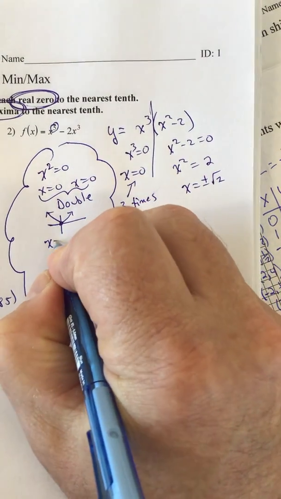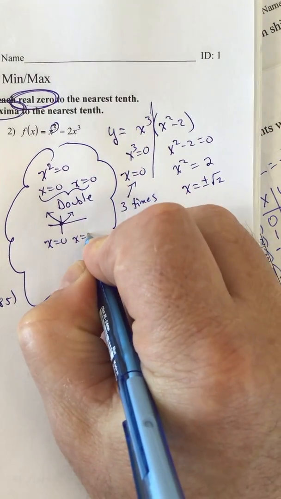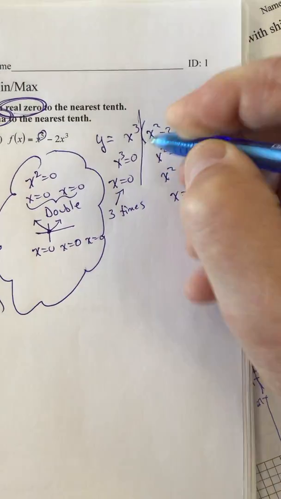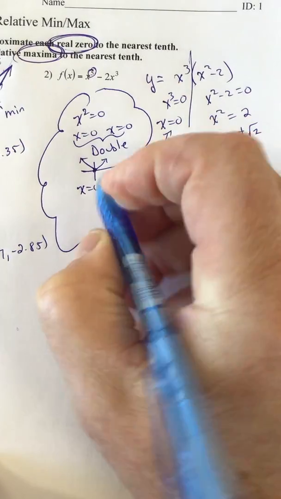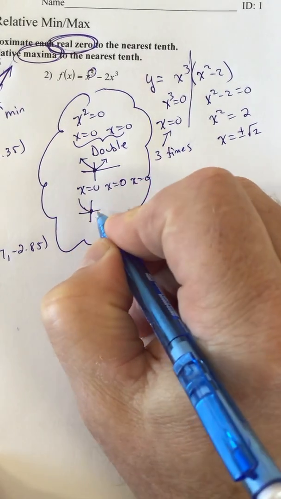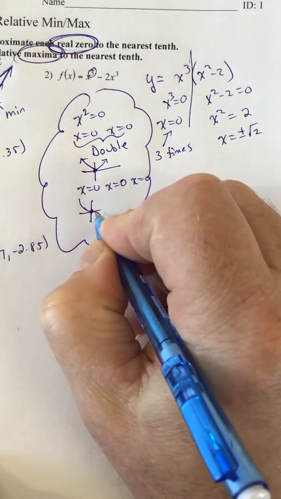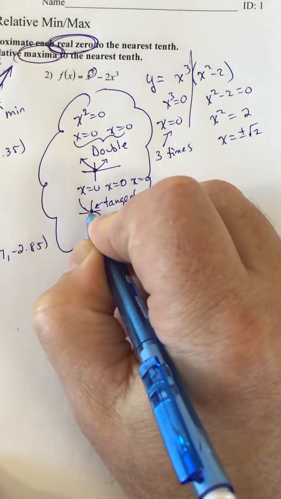When there's 3 things, like what we have here, we have 3 zeros at the same spot. It's really like this. See, it counts as 3 of them here and then 2 more for a grand total of 5. Well, what happens when you have 3 of them is it comes in there and it starts to bounce, so it gets flat, but then it goes through. It gets tangent there. Tangent means it gets flat right at the 0.